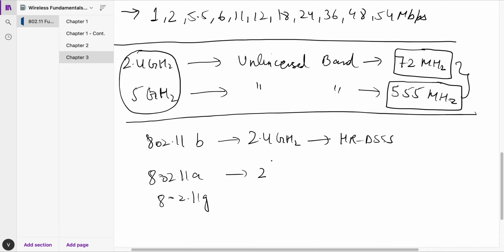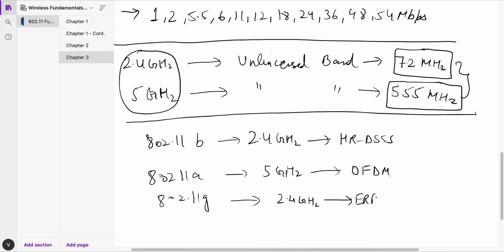This kind of table will be handy for you. This is 5 gigahertz. It supports OFDM. Dot 11G is again on 2.4 gigahertz only, not on 5.